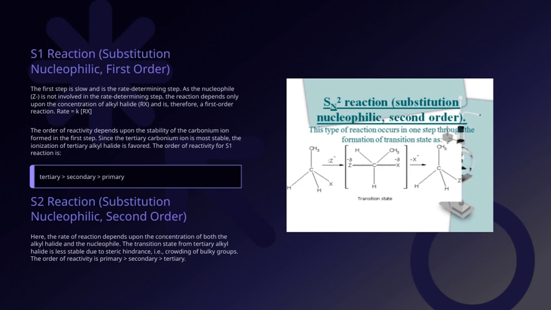So the rate equation simplifies to rate equals some constant times the concentration of RX. Overall, understanding these differences helps us predict how different alkyl halides will behave in nucleophilic substitution reactions based on their structure and stability of intermediates.